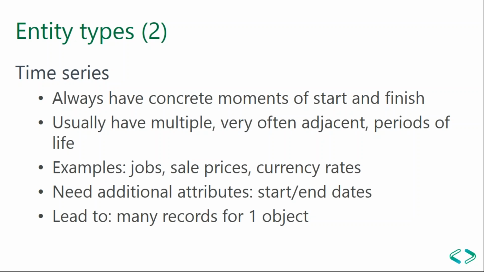So when I see these entities, I understand that I will have a time series. So I have a start date and end date. So I will have many records for one object, many records for my job history.